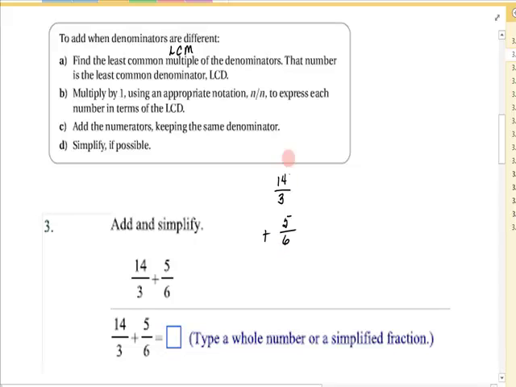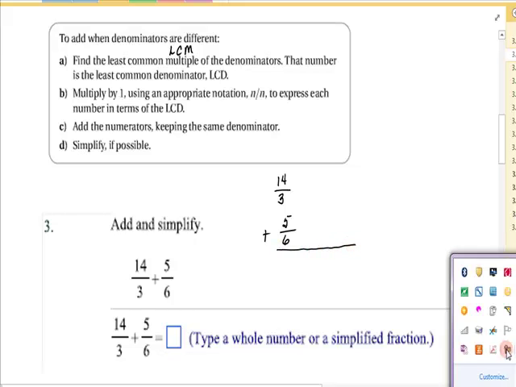The first thing I have to do is look at the numbers 3 and 6. Common denominator, least common multiple. Remember, our process is to go to the larger one and ask, will it work? Yes, 3 goes into 6 evenly, so 6 will work.